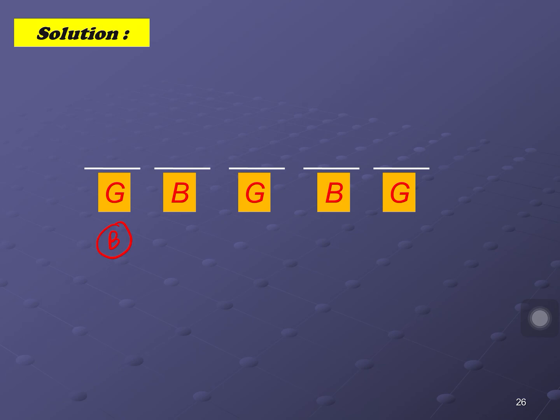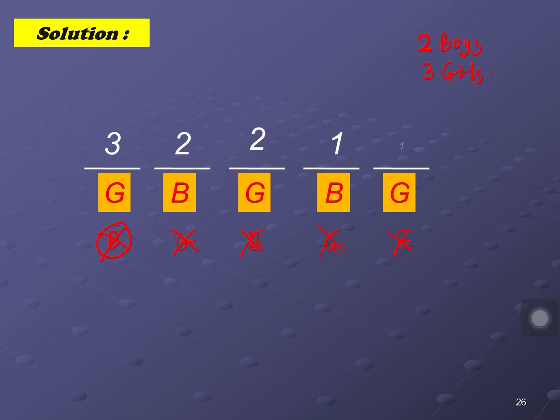So we have 5 students. The starting one must be a girl. It cannot be a boy. Why? Because if we start with a boy, what happens? Boy, girl, girl, because there are only 2 boys and we have 3 girls. It has to be seated alternately, so this can't happen.